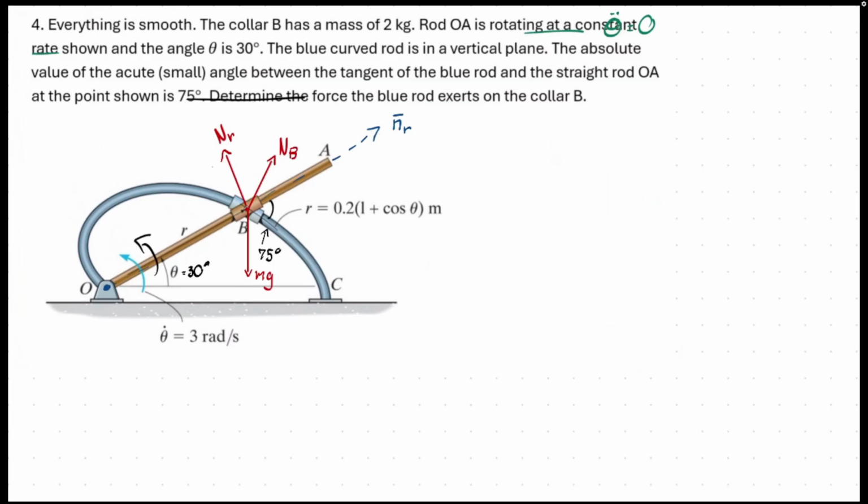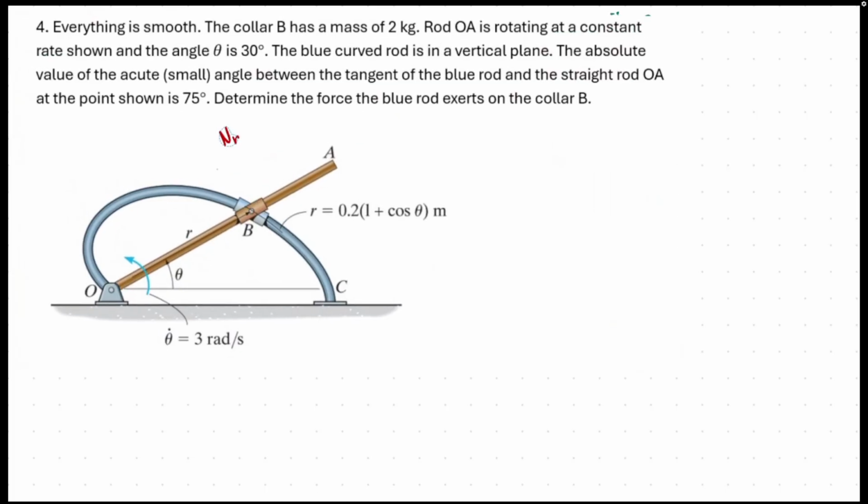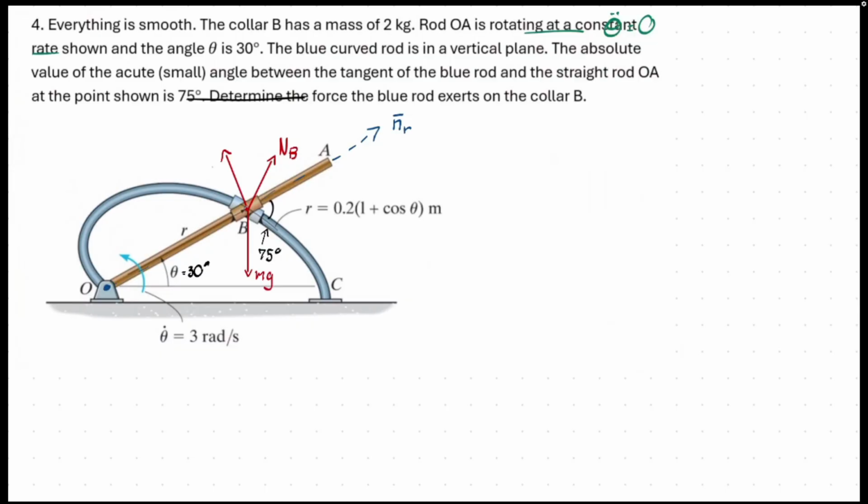So our transverse direction is going to be in that direction, 90 degrees to this. It's actually going to be collinear with this normal R force, right? And that's 90. So this is the transverse direction. Okay, perfect.